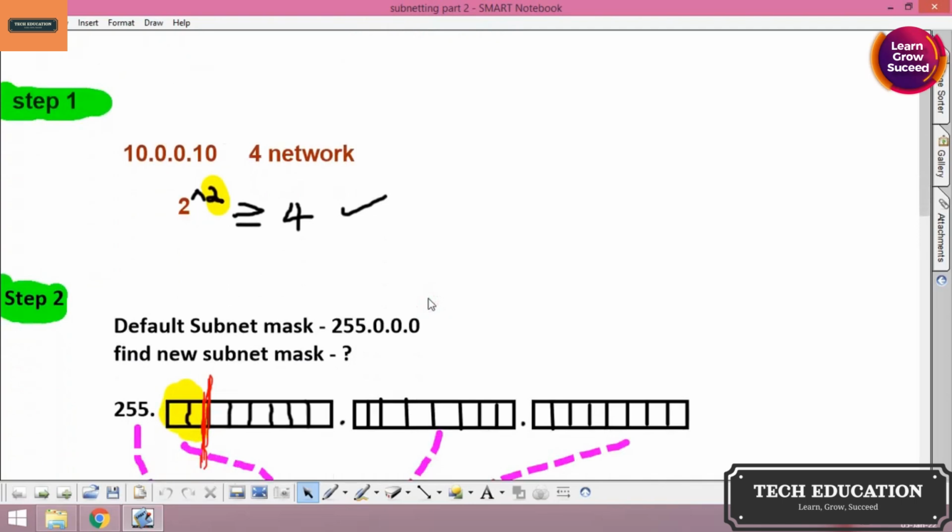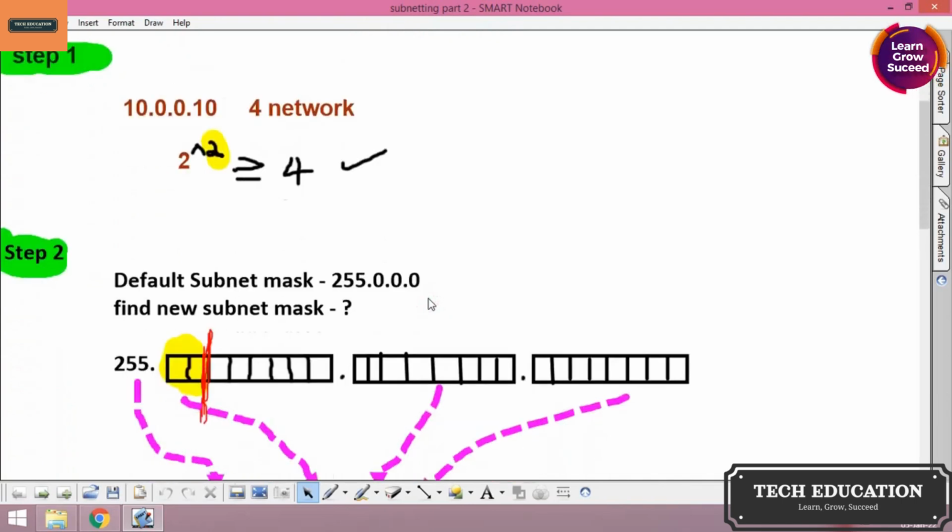Next, step 2: write the default subnet mask. This is a class A IP address, so the default subnet mask in class A has one network portion and 3 host portions: 255.0.0.0. Now how do we find the new subnet mask for this problem?